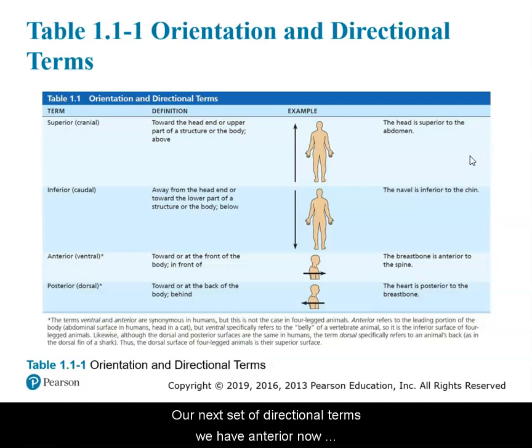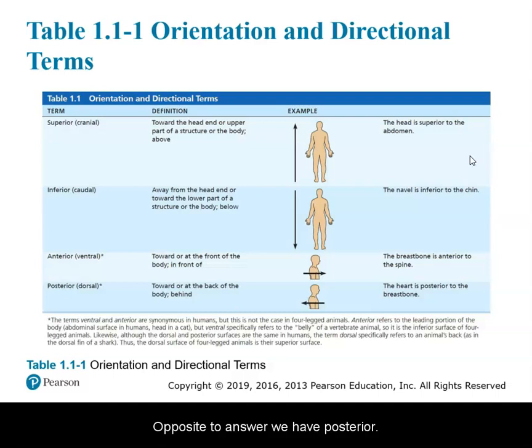Our next set of directional terms: we have anterior. Another term for anterior is ventral. This means toward or at the front of the body, or in front of. An example of this would be the breastbone is anterior to the spine.